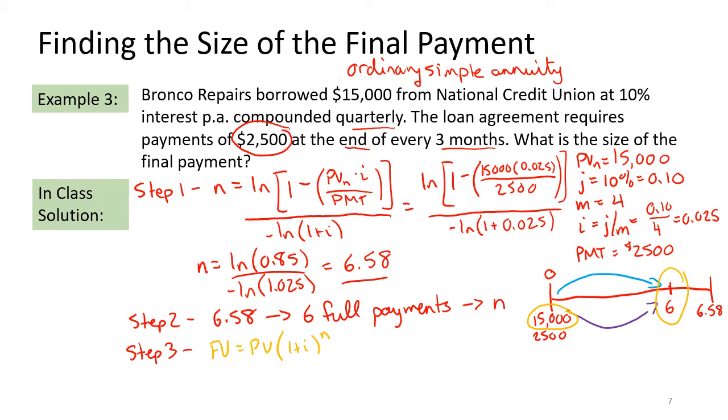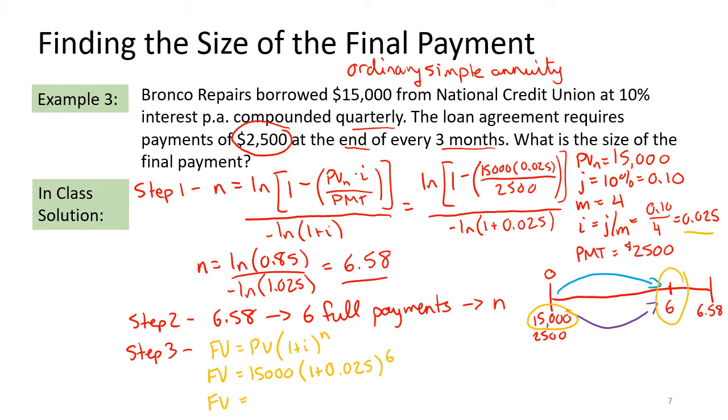And we know all the other terms. Our present value is $15,000. And our periodic rate of interest that we calculated is 0.025. So we simply substitute those values in. 15,000 times 1 plus 0.025, our periodic interest rate, to the exponent 6.